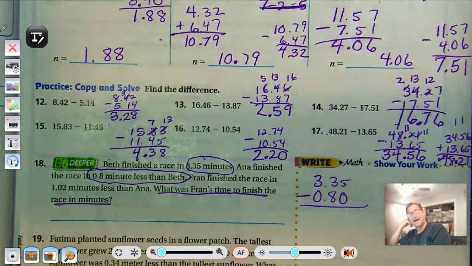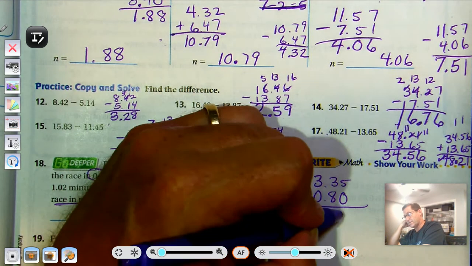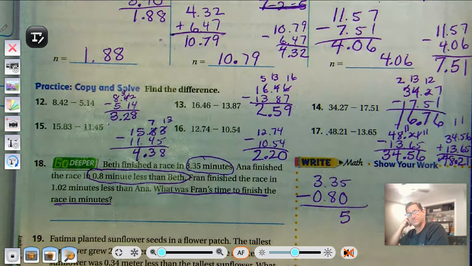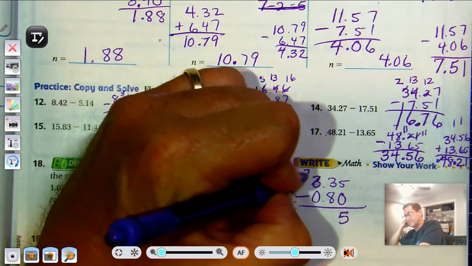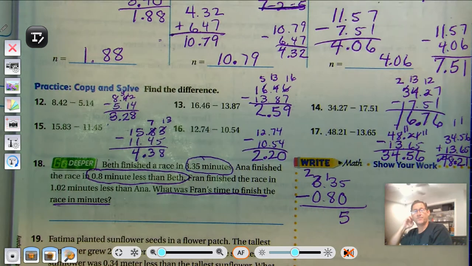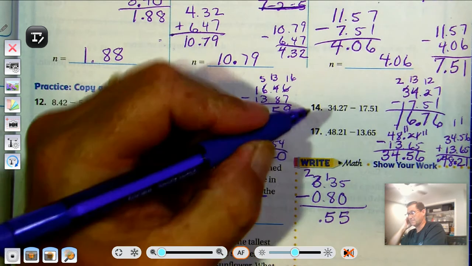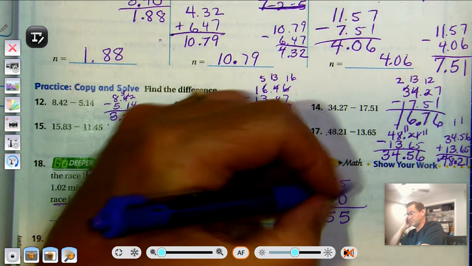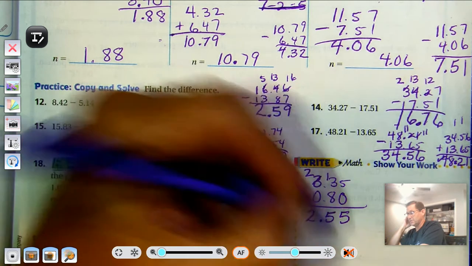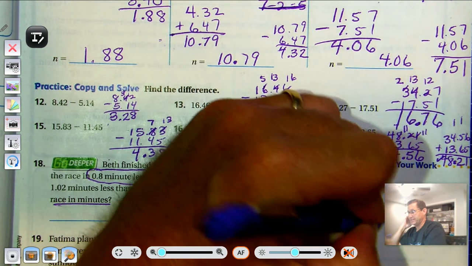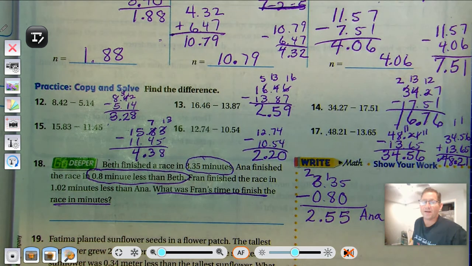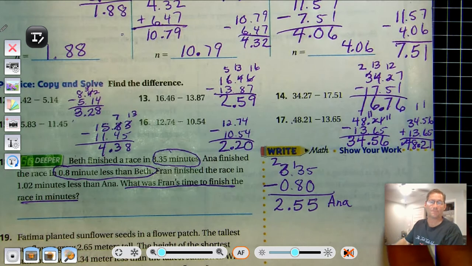I'm going to put a 0 after the 8, so both of those have hundredths. 5 take away nothing is 5 hundredths. I can't take 8/10 from 3/10, so 13/10 take away 8 is 5/10, and 2 take away 0 is 2. So Anna finished in 2 and 55 hundredths minutes.